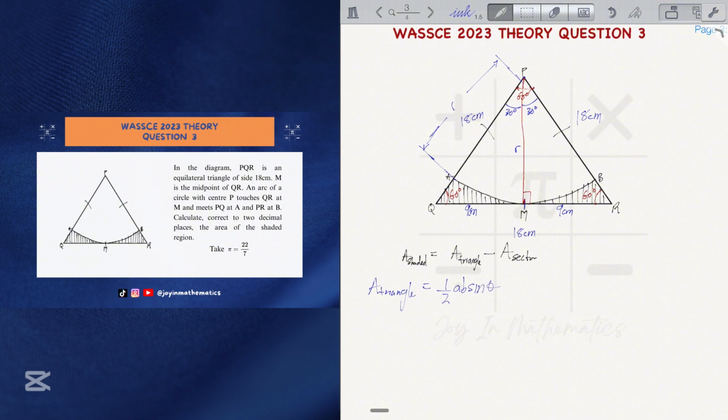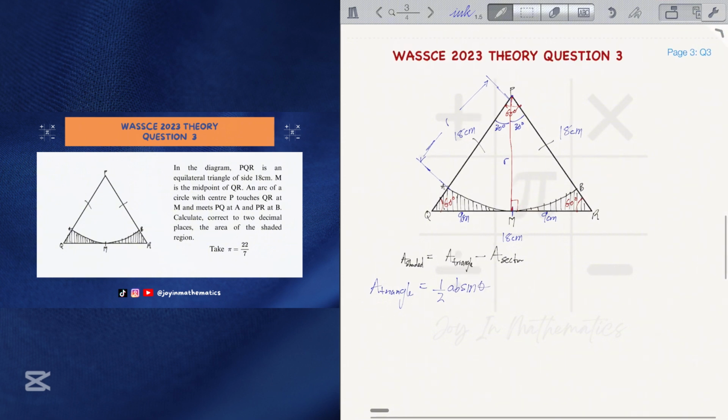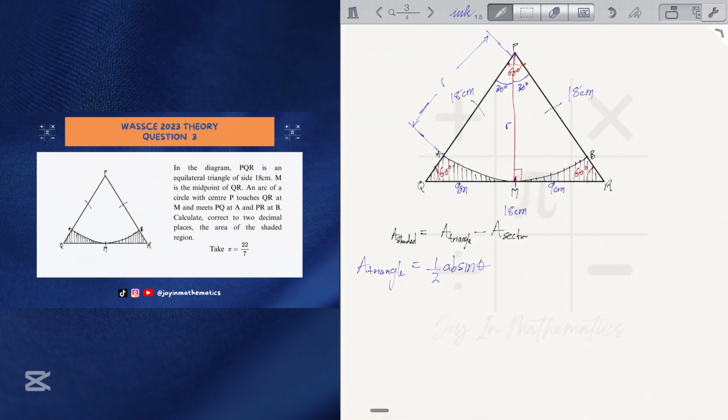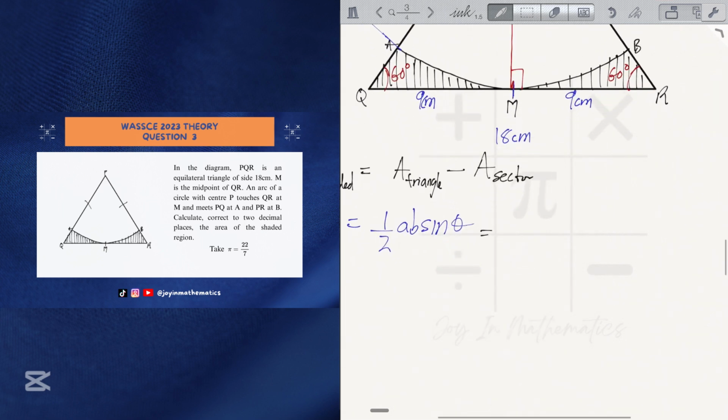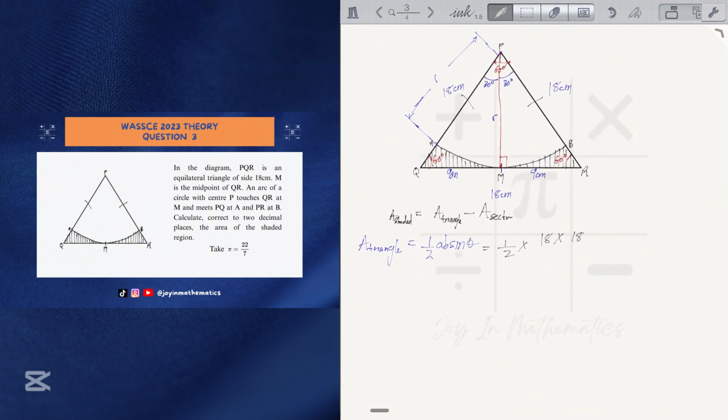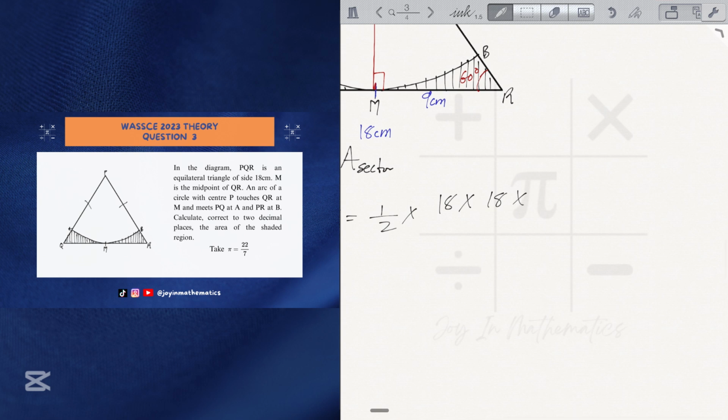This is one formula for the area of a triangle that is not commonly used, and we'll solve it in 2 ways so that we'll compare the answers. The a and b are the sides, and the sides are 18 centimeters. So let's just apply it. This will be 1/2 multiplied by 18 multiplied by 18, and the angle will be 60 degrees because it's an equilateral triangle, multiplied by sine 60 degrees.